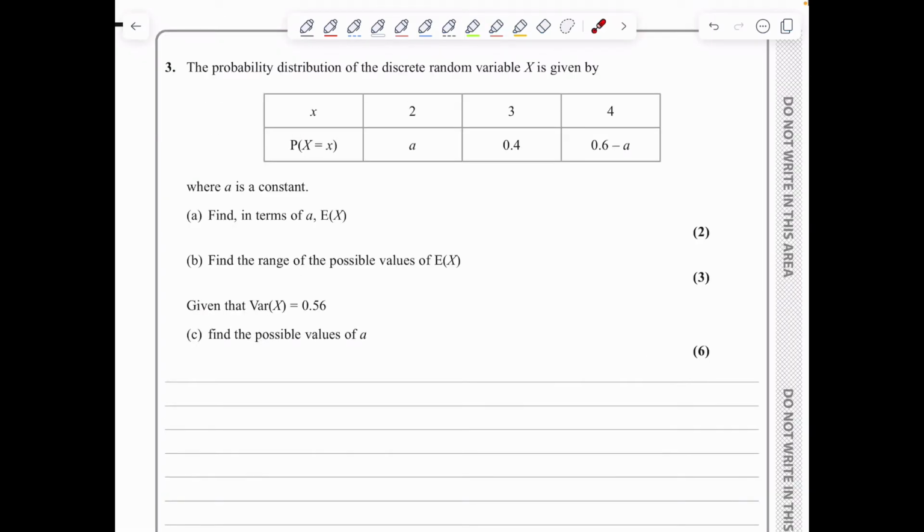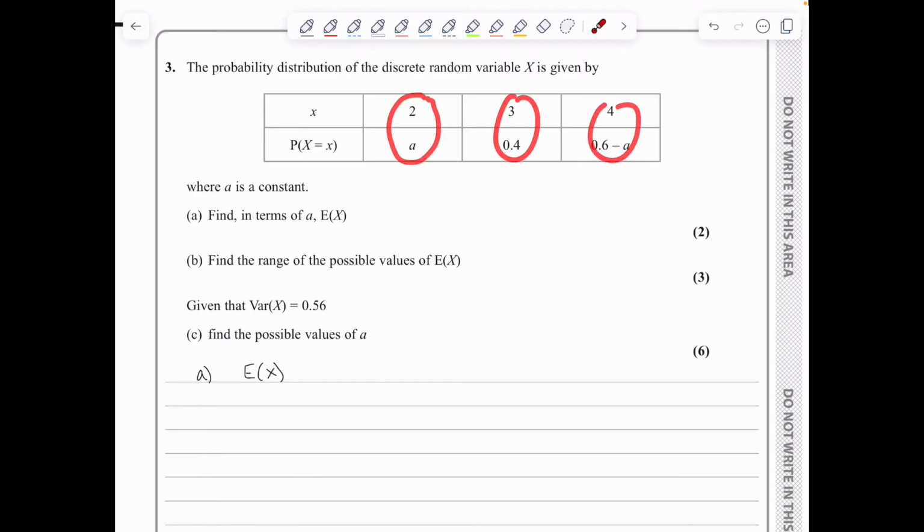So in question 3, we've got the probability distribution of the discrete random variable x. It can take values 2, 3, or 4 with the corresponding probabilities shown here. A is a constant, and we need to find in terms of A the expectation of x. Well, we know that the expectation of x is simply found by considering the sum of the products of x with the associated probabilities.